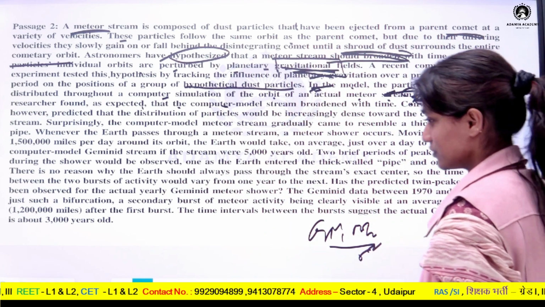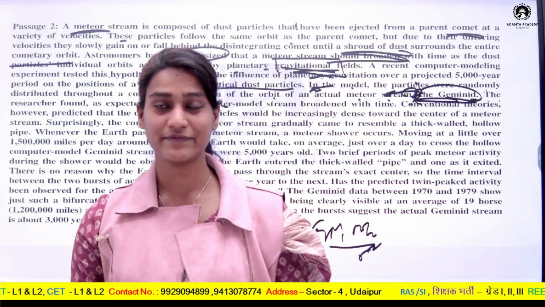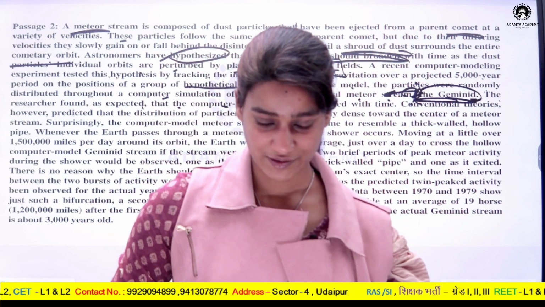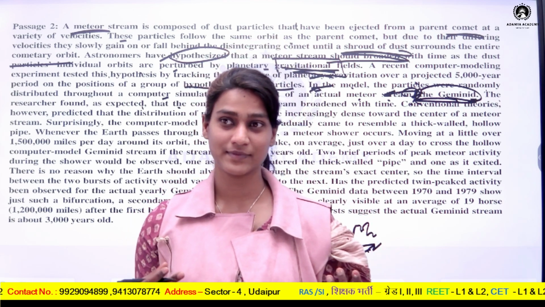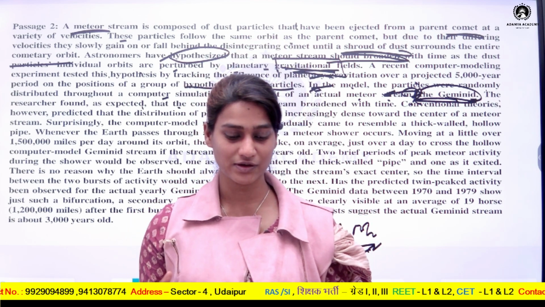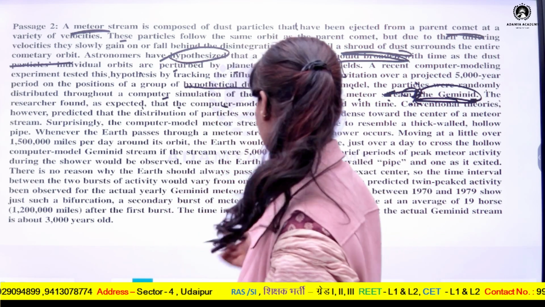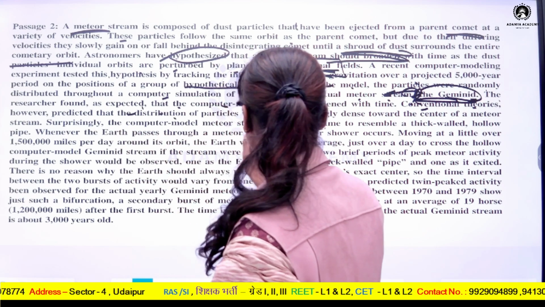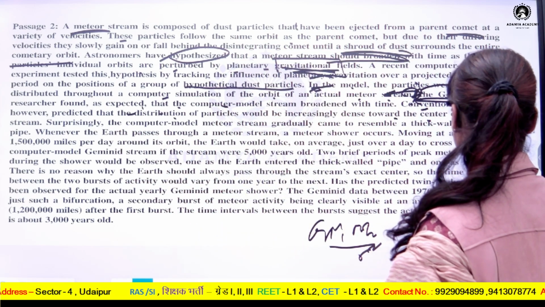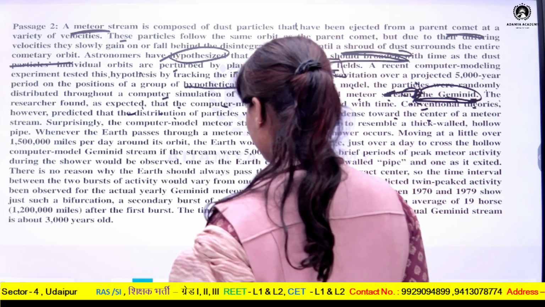So here also in space we have different conventional theories which talk about how the meteor is going to work. Conventional theories, however, predict that the distribution of particles would be increasingly dense toward the center of a meteor stream.